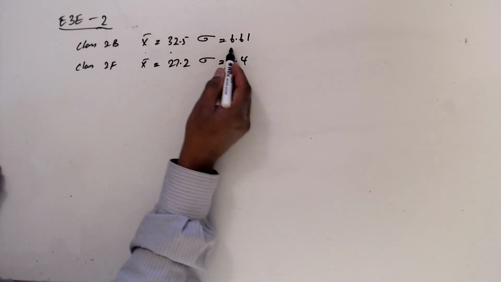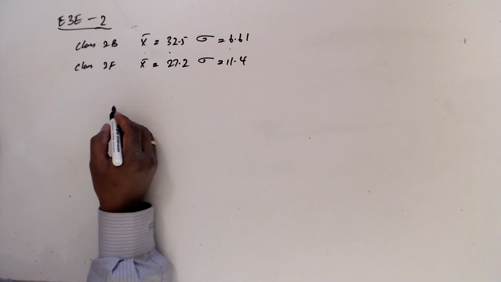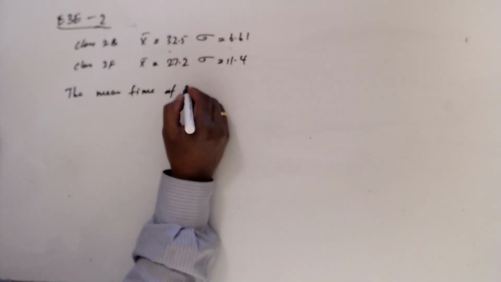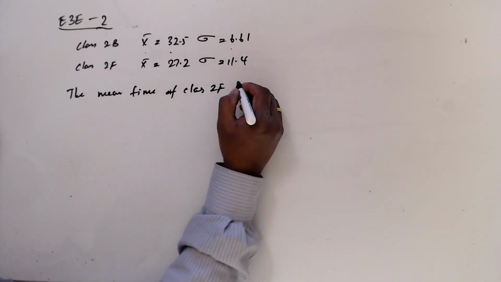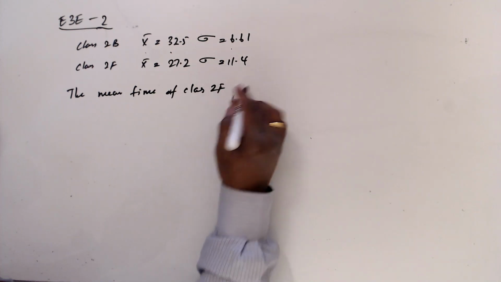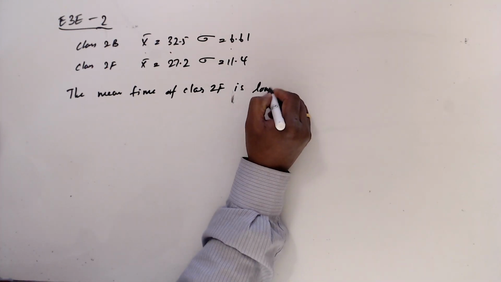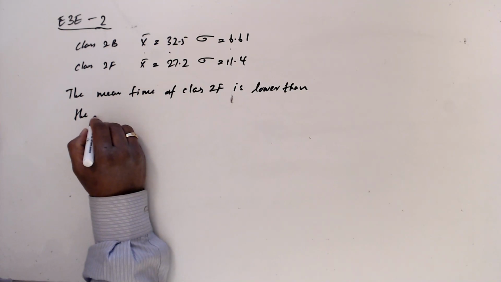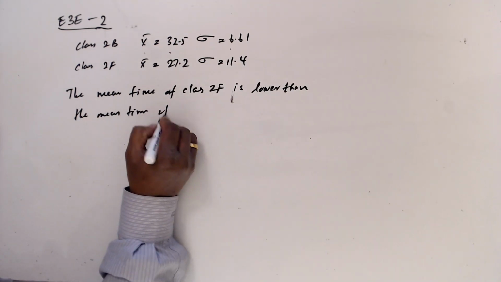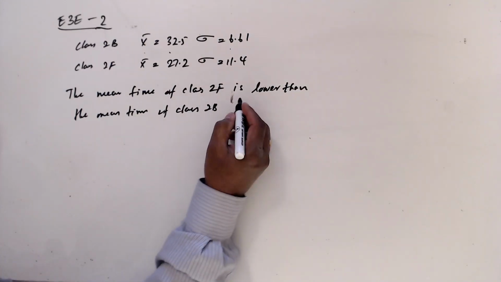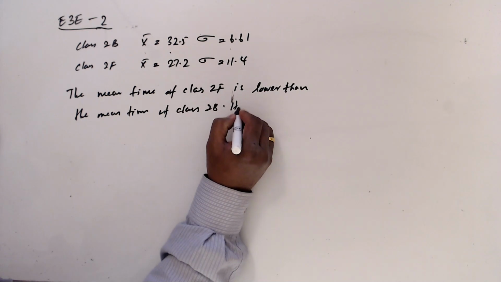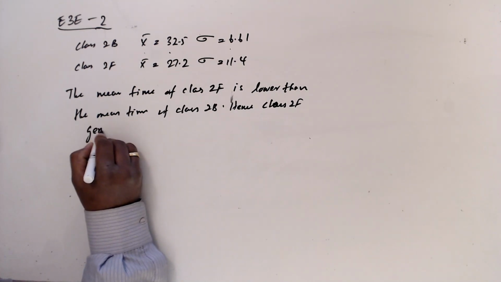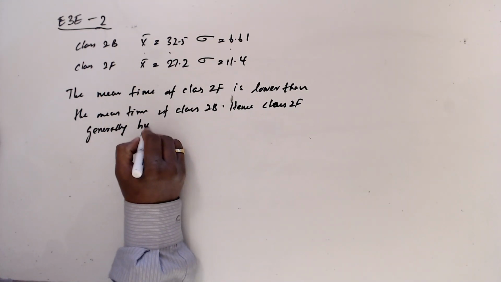Class 2B x bar 32.5 and the sigma, and then we can see that the mean time of class 2F is lower than the mean time of class 2B. Hence, class 2F generally higher.